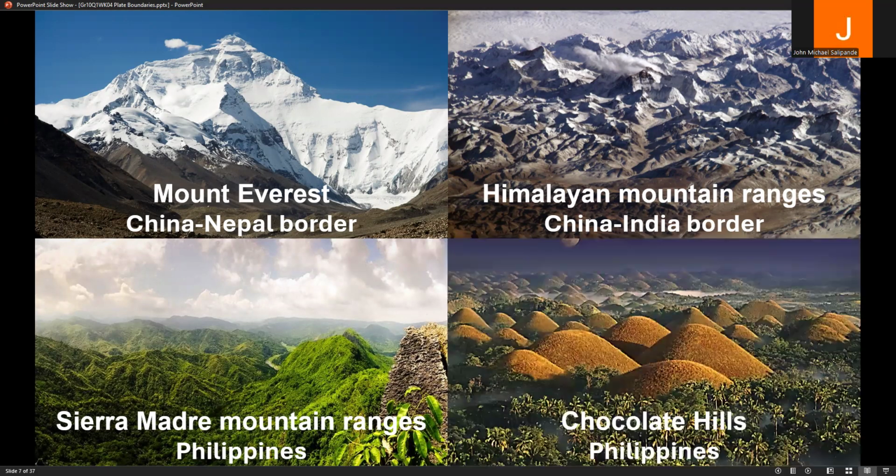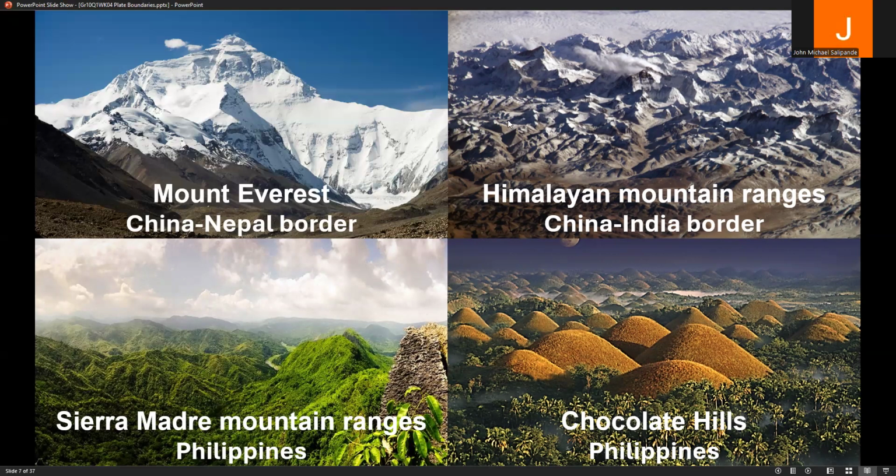And then finally, we have Chocolate Hills in Bohol, Philippines as well. Continental convergence is the easiest to spot because of the triangular or almost conical peaks in their shapes, no?